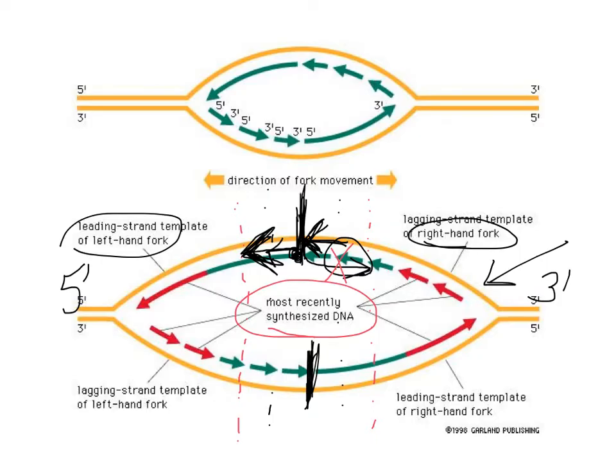What you have to do is start all the way over. You have to start back here at the 5' end of that and go in the proper direction. That's why the arrows are shown in smaller little segments, because the replication occurs in those small little segments.